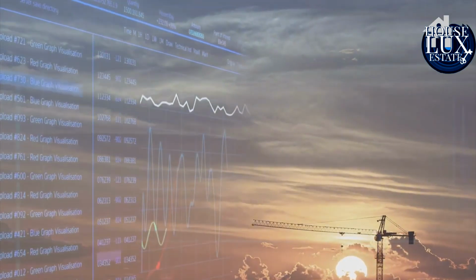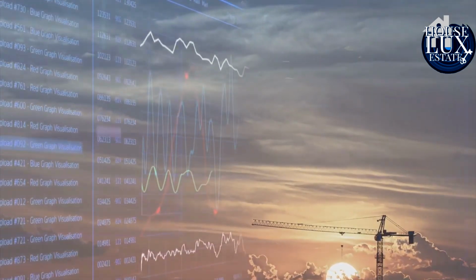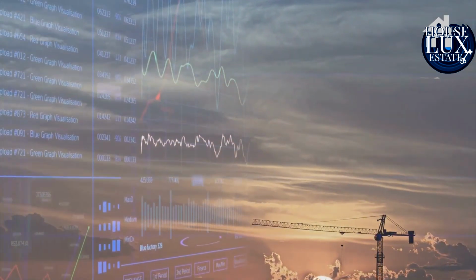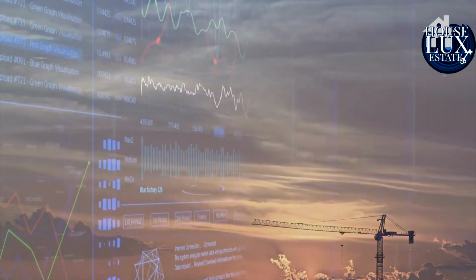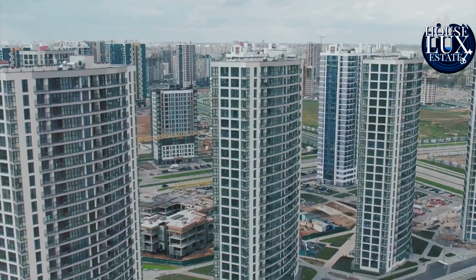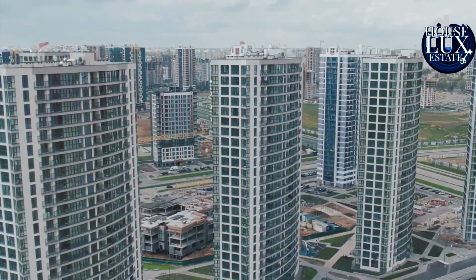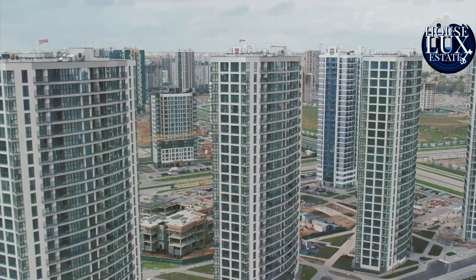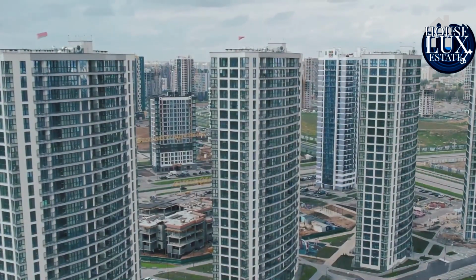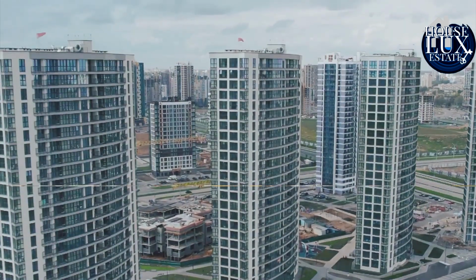These dynamics between supply and demand constantly fluctuate, creating a continuous ebb and flow in the real estate market. It's a dance that requires keen observation, timing, and understanding to navigate successfully. Thus, supply and demand significantly shape the real estate landscape. By comprehending these fundamentals, you're well on your way to making more informed and strategic real estate decisions.